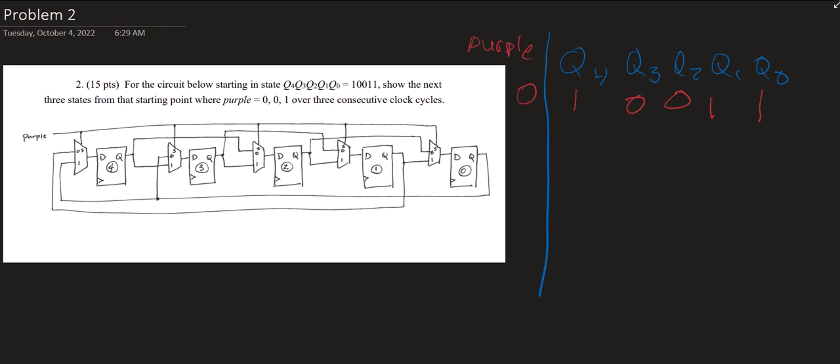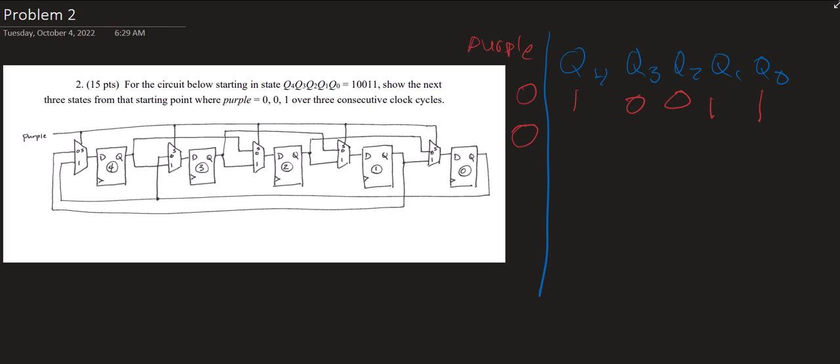So when we start right here, Q4, let's see what Q4 has. So that's 0, and then our next purple value is 0.